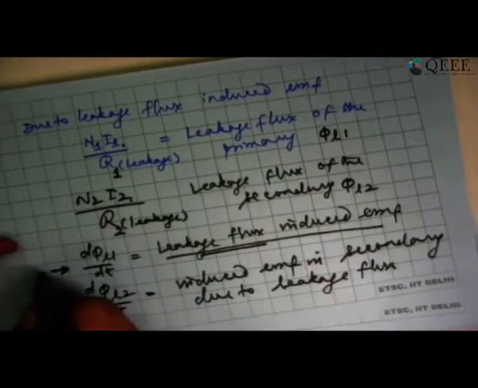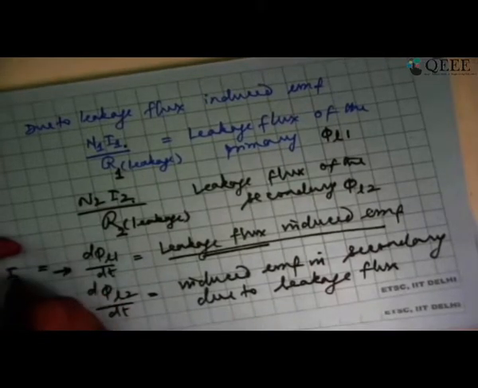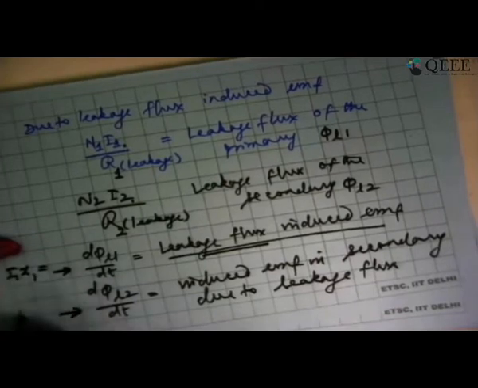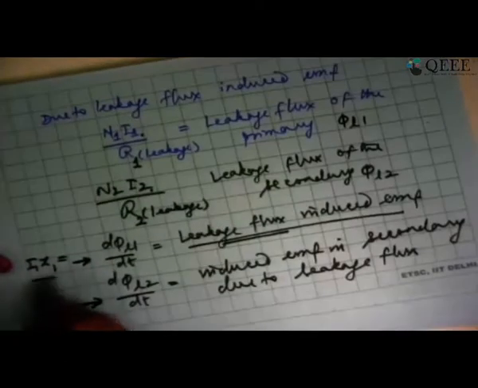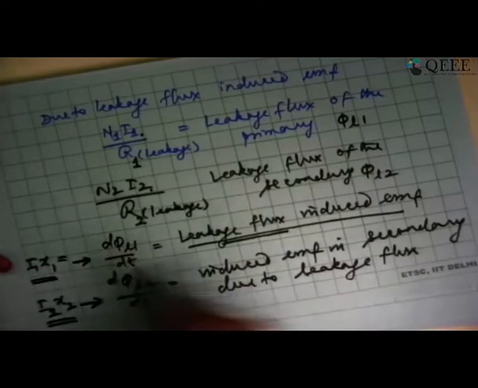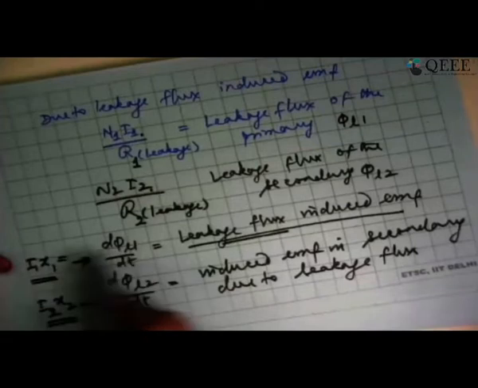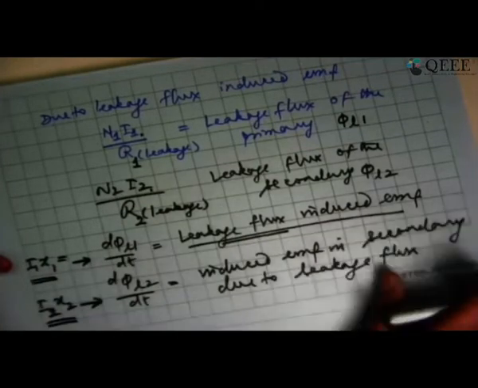So I can say that this is equal to I1 multiplied by X1, and I can write this as I2 multiplied by X2. I should be able to write these two as two leakage drops, because any flux can be represented by a reactance or inductive circuit. So I'm equating this to X1 and X2 respectively.